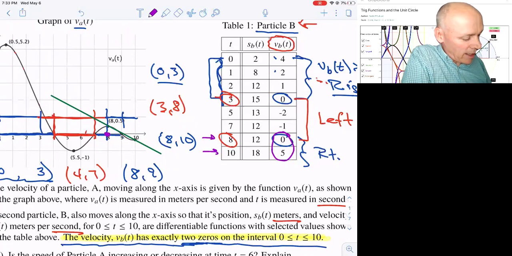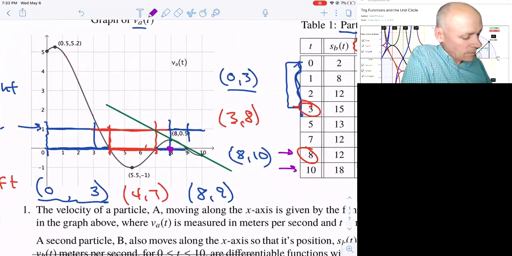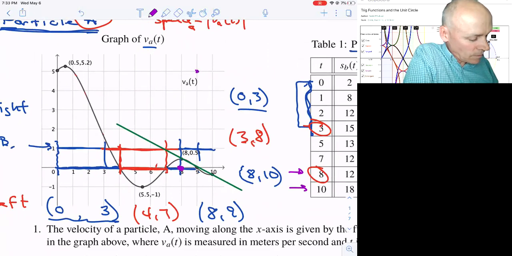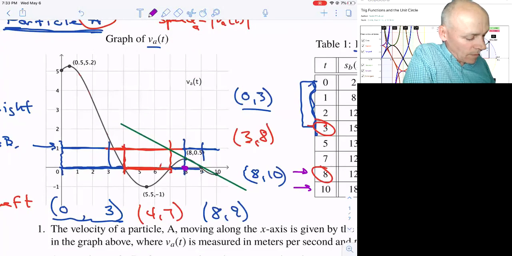And then at 10, the velocity is 5. Whoa. So that means at 10, not at 9, but at 10, the velocity is 5.